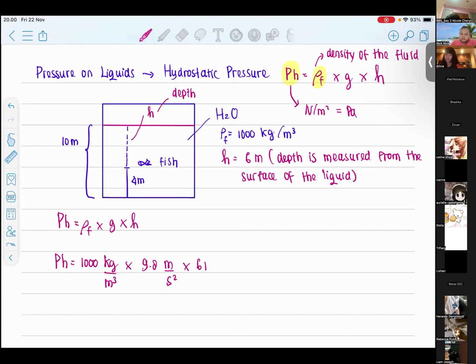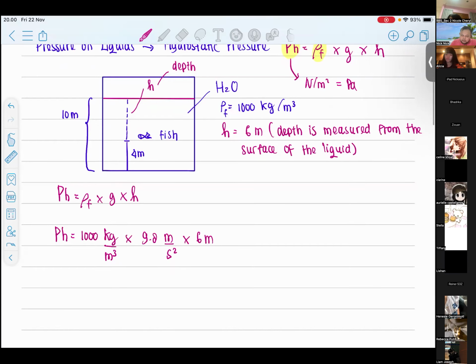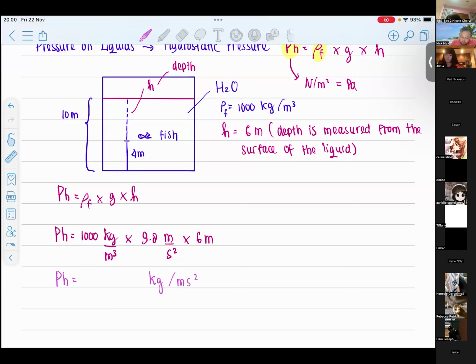And then you calculate, help me, I don't have a calculator. How much, students? The unit will be kilogram, meter, 2 meters cancel, so kilogram per meter second square. It is Newton per meter square, or it is Pascal.